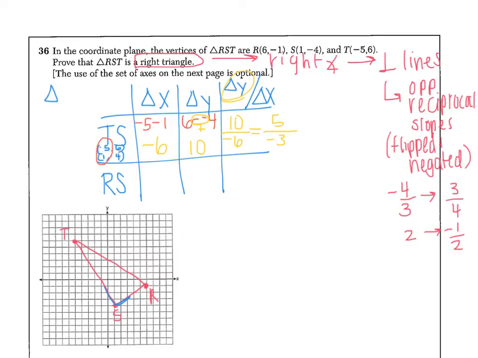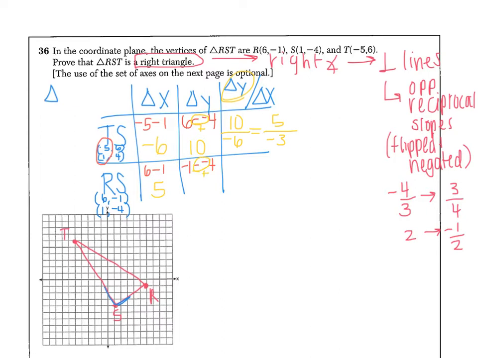Then I'm going to calculate for RS. So first I'm going to list the coordinates beneath it. 6, -1, and 1, -4. So subtracting X's, I have 6 take away 1. Subtracting Y's, I have -1 take away -4. 6 take away 1 is 5. -1 minus minus, double negative turns to positive.